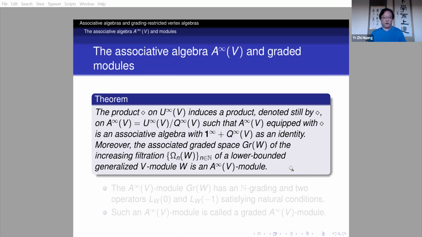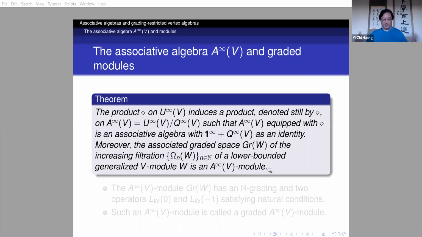Also, from what we introduced, with this Q infinity V, the associated graded space of the increasing filtration of a lower bounded generalized V module is an A infinity V module.